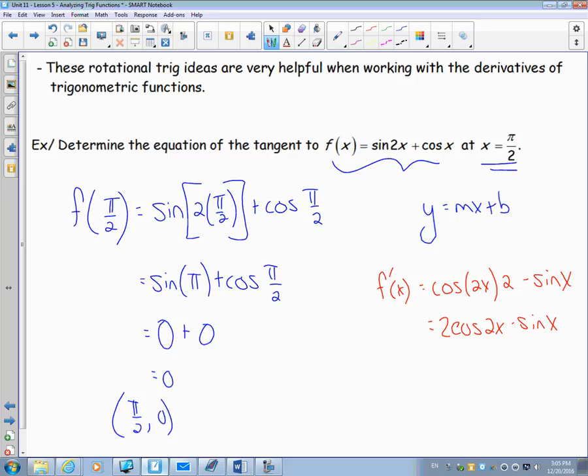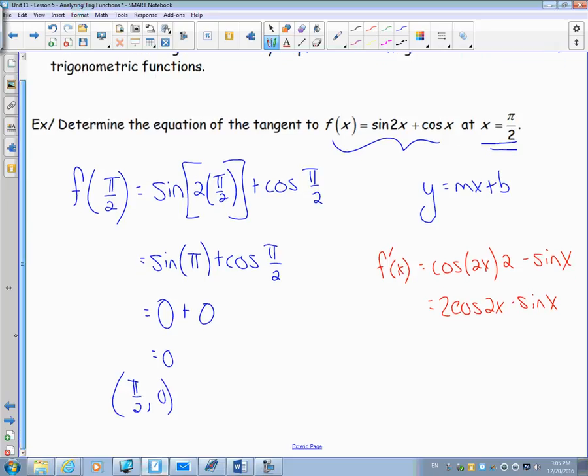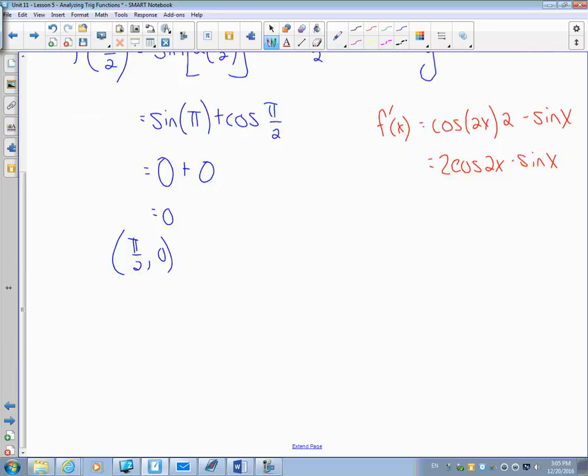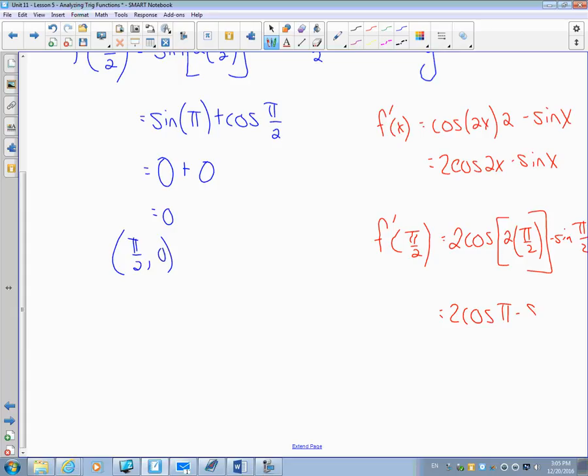We now have to figure out the specific slope for our point. In other words, what's our derivative at pi over 2? So we'll get 2 cos of 2 times pi over 2 minus sine of pi over 2. So in other words, 2 cos pi minus sine pi over 2.